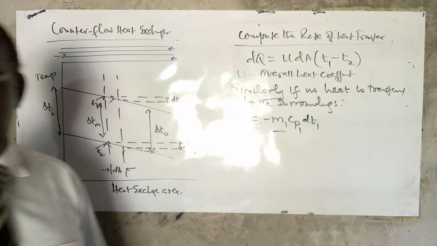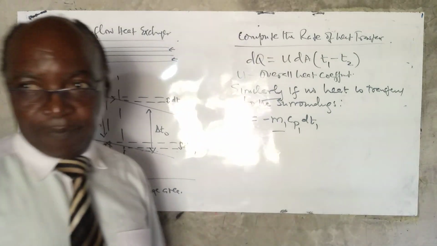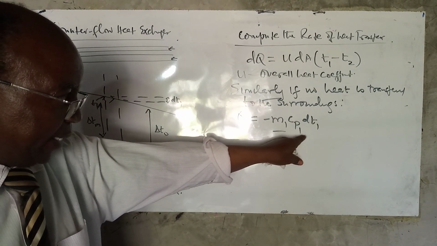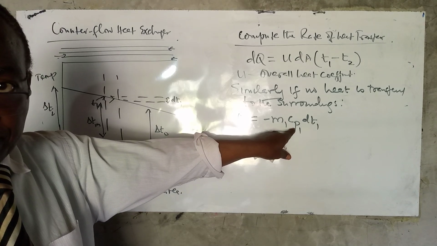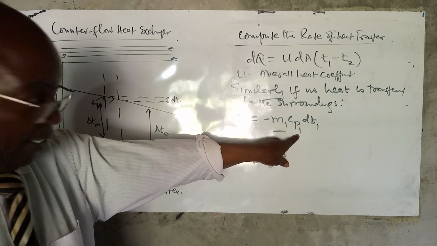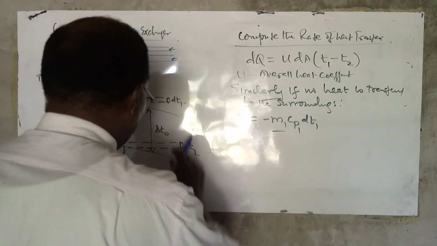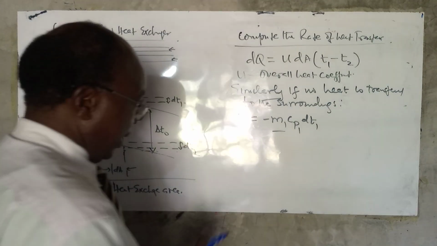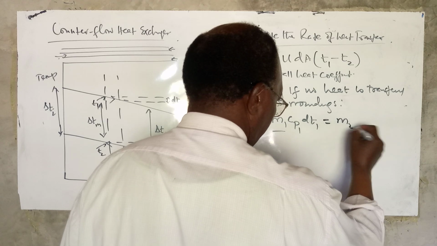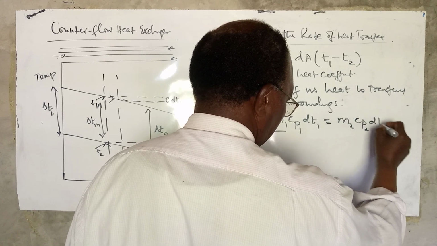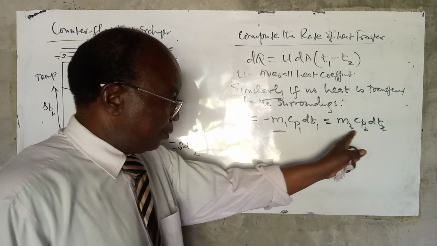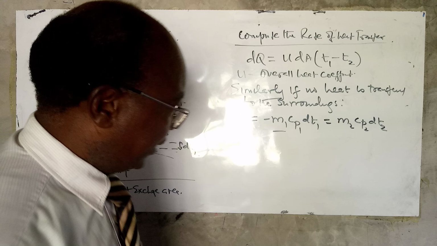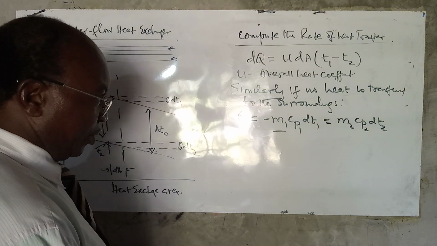What is M? M is the mass flow rate of fluid which is at a higher temperature, which we are designating with the subscript 1. CP is the specific heat, and that's that temperature change which we illustrated in the schematic or the diagram. And that must be equal to M2 CP2 dT2. This is, of course, the subscript 2 represents those properties for the fluid at the lower temperature. That's very important for us to note.